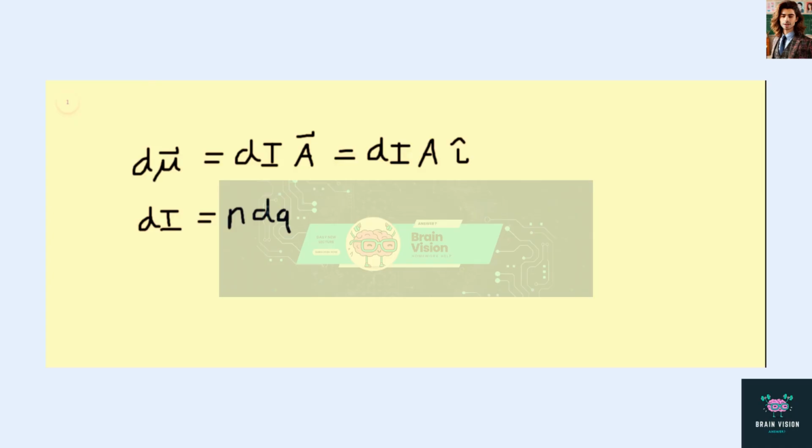The number of oscillations per second, N, is equal to the angular frequency, ω, divided by 2π, since it's rotating in a circle.